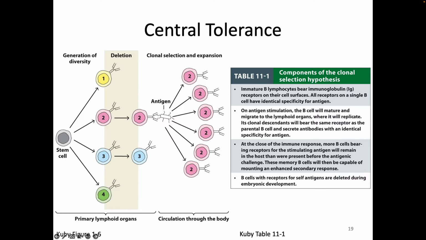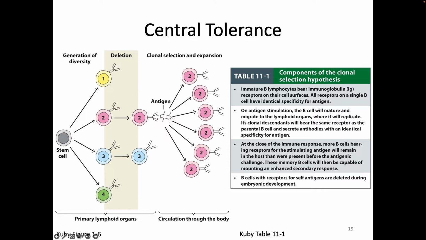So this is sort of the general idea of this process. The way that we deal with these cells that are potentially able to interact with self, the way that we deal with self-reactive cells, is known as tolerance in immunology. So ways we deal with self-reactive cells are tolerance mechanisms. Specifically, right now, we are talking about some central tolerance mechanisms.